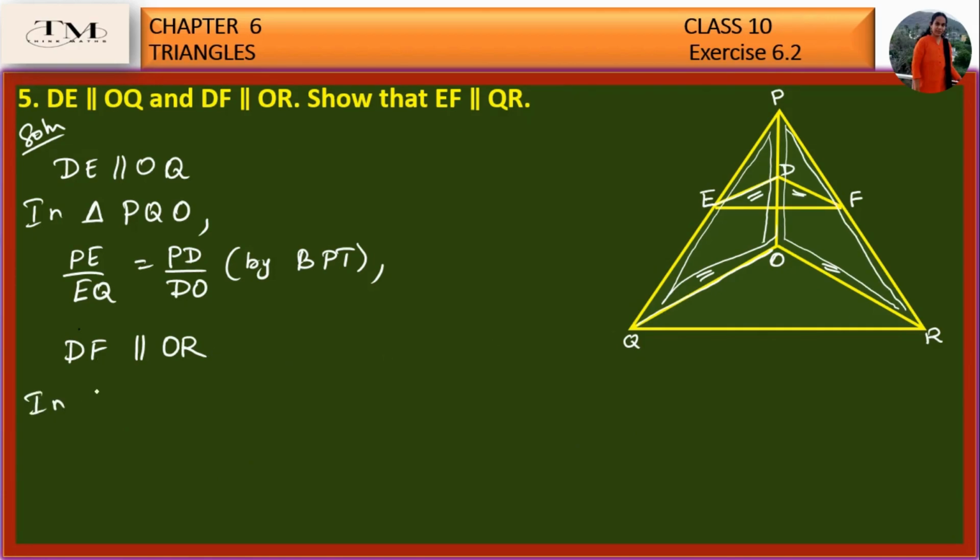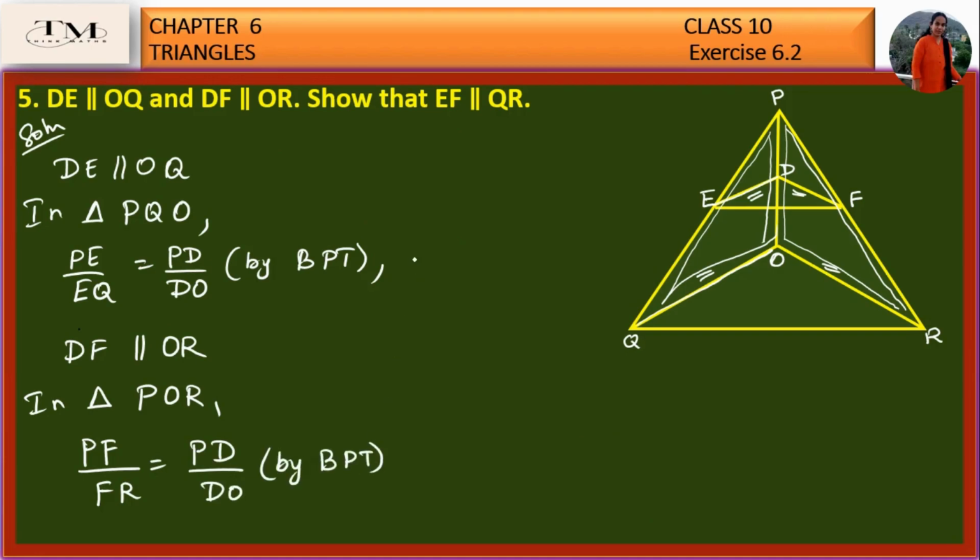In triangle POR, we have PF by FR equal to PD by DO. This is also by BPT, basic proportionality. Let us keep this as 1 and this as 2. If you compare 1 and 2, the right hand side is the same, so the left hand side will be equal.